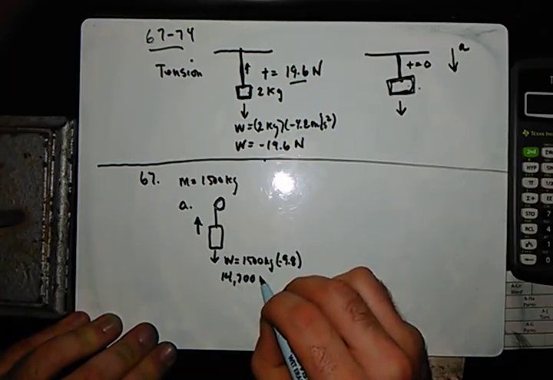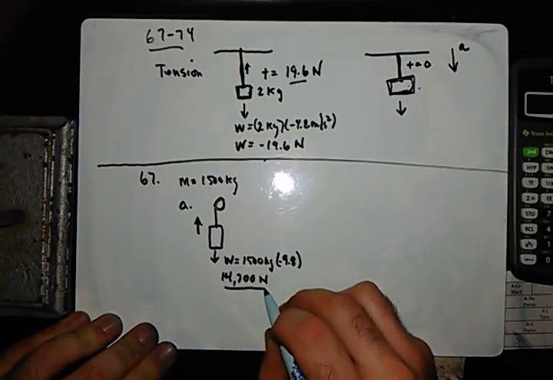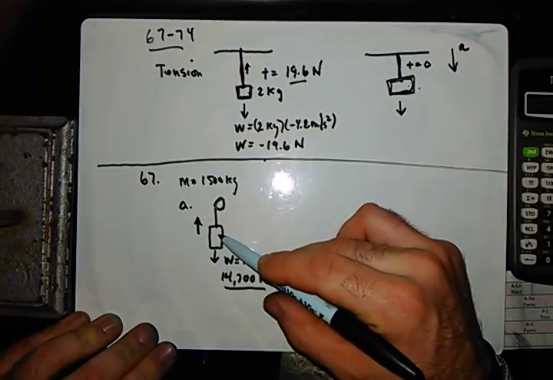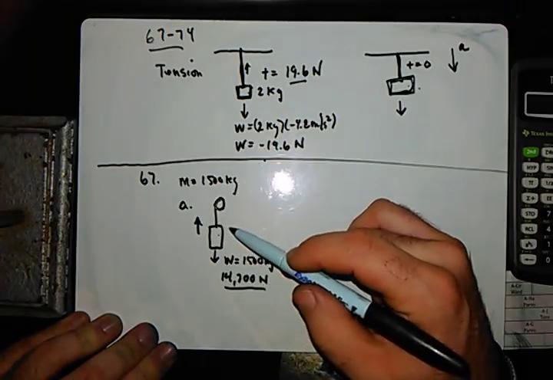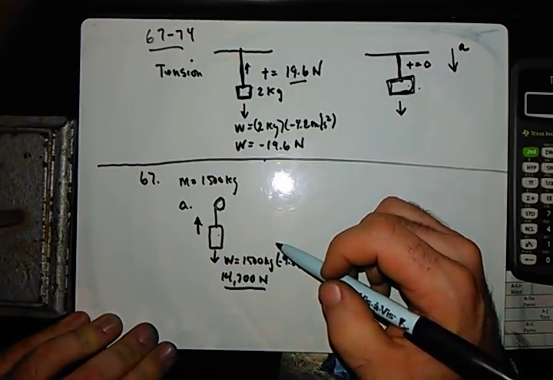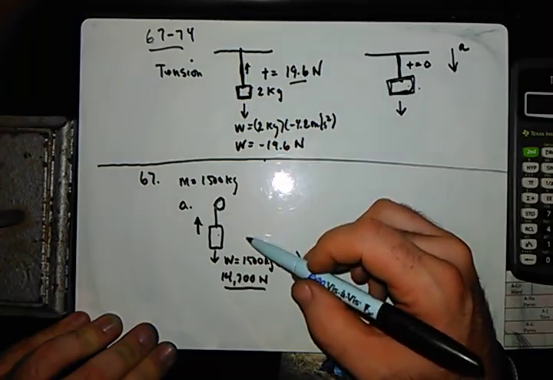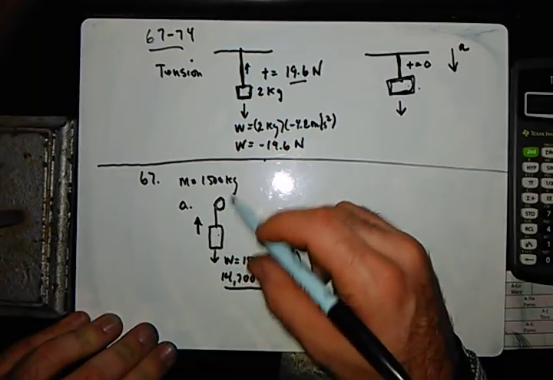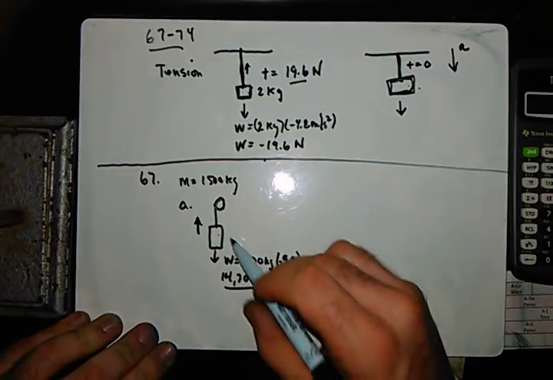14,700 newtons. Now, in a non-accelerating object, if you were in this elevator and it was moving constantly, you wouldn't feel it. You wouldn't feel any queasiness in your stomach, or any acceleration there.